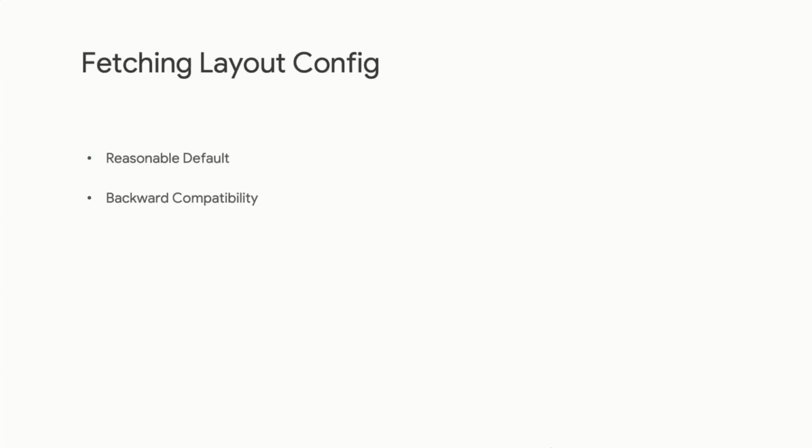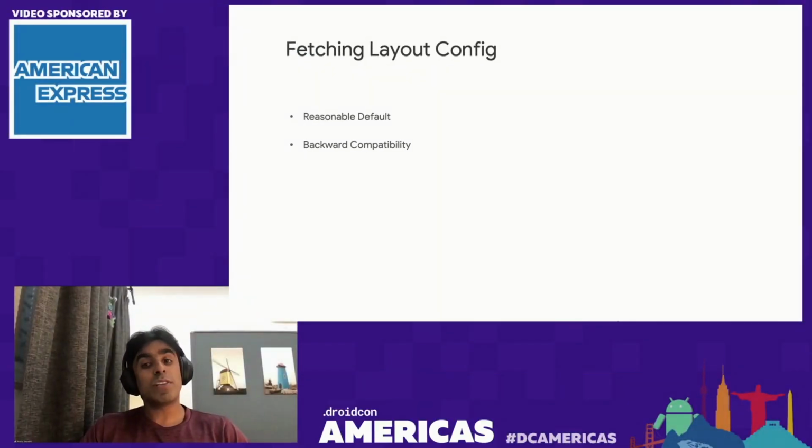Okay, next up, I would also like to recommend that you think about backwards compatibility. When you begin development, or when your product or design team first approaches you with building something like this, you'll realize that let's say they only define 5 layout types. And in the future, they might want to add a couple more, and you wouldn't want older apps to crash or misbehave simply because now you're sending a new layout type which the older app did not understand.